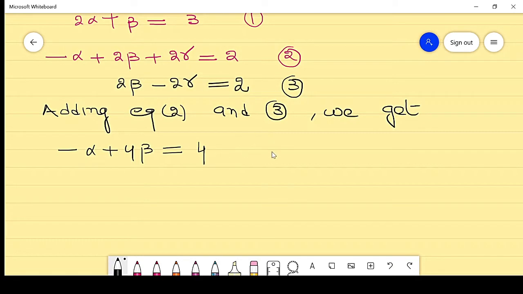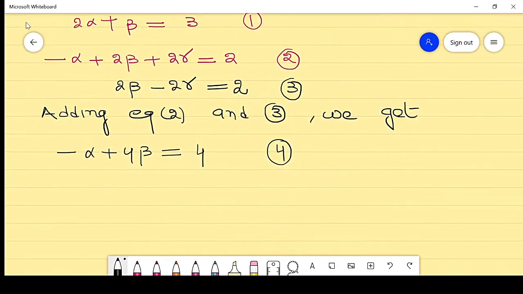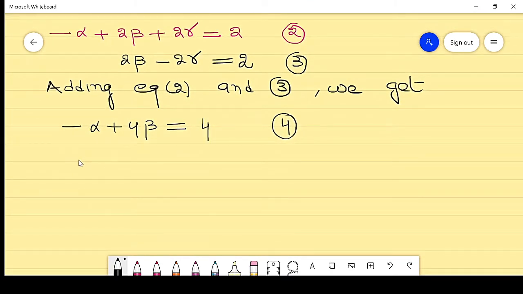So this is equation number 4. And equation number 1 is 2 alpha plus beta equal to 3. So this is equation number 5.